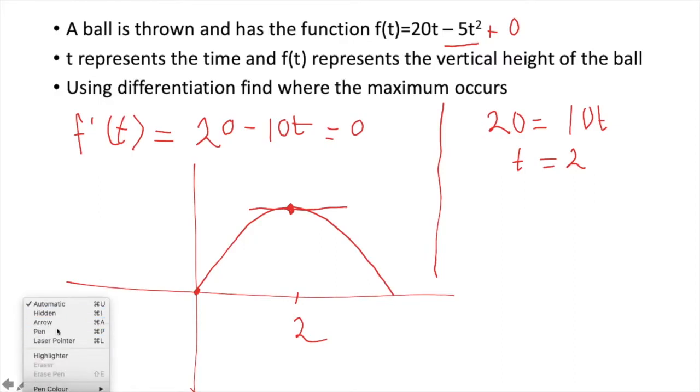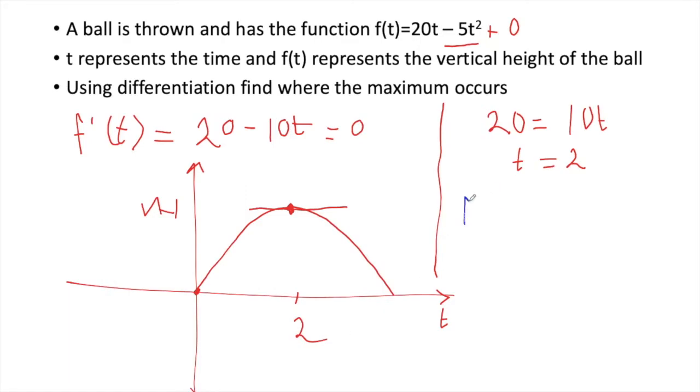This means that with the time on the x-axis, and the vertical height, let's call this VH, on the y-axis, we're going to be able to find out that the maximum occurs when t is 2. Therefore we can just substitute the 2 into the original function and we can get what f of t is going to be, or VH.